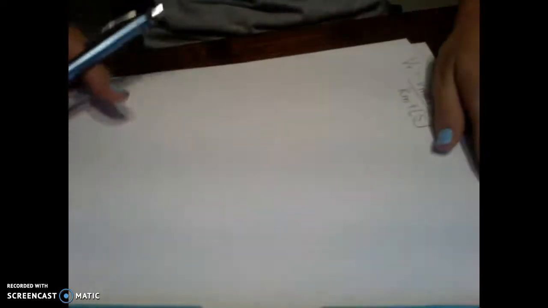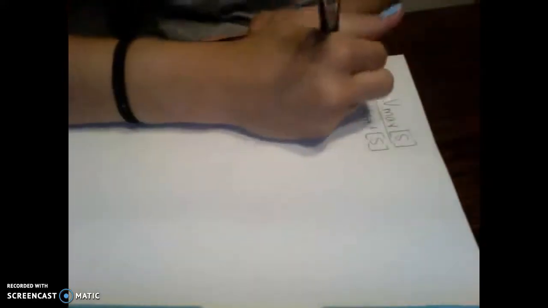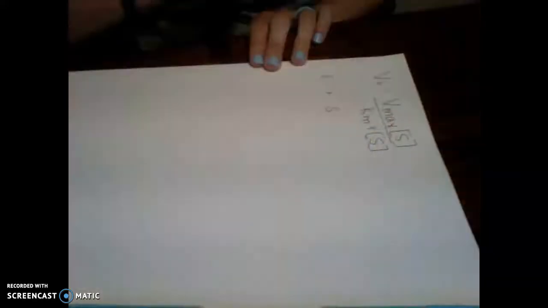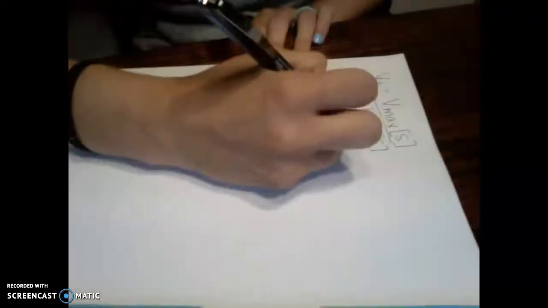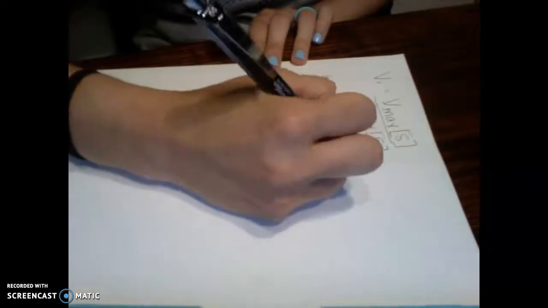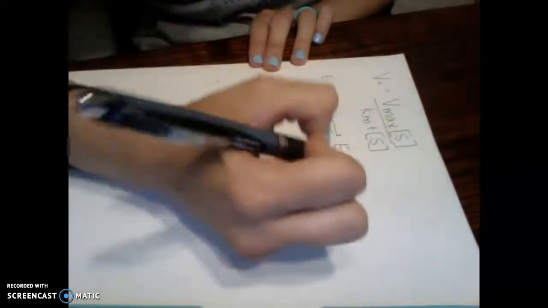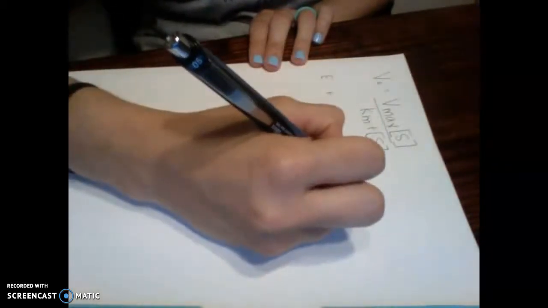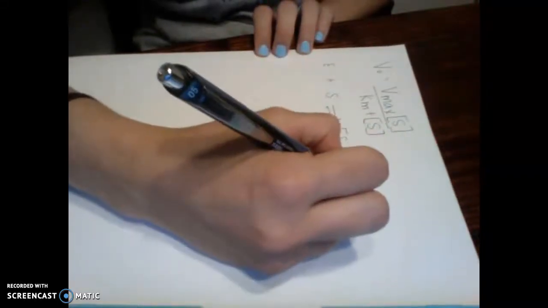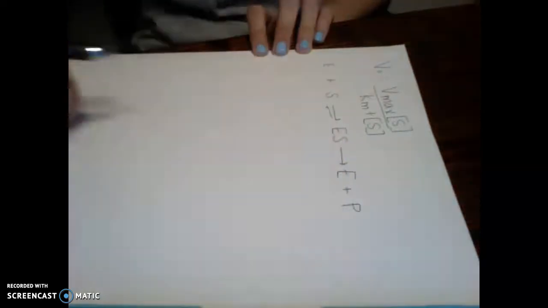Let's derive this equation from things that we do know, okay? So let's start really simple. We're going to start with an enzyme and a substrate, and those form an enzyme-substrate complex, right? And then those go on to form, we get our enzyme back out, and we get a product.